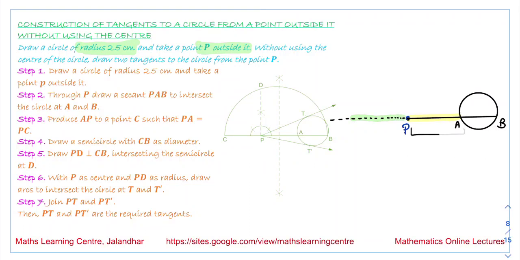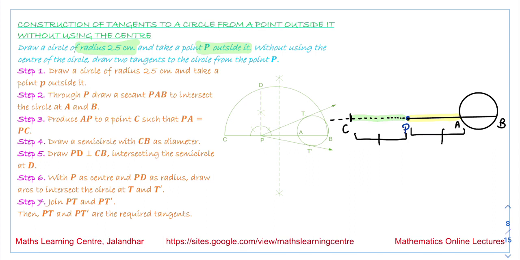Whatever this length PA is, we have to mark the point C over here such that PA and PB, these two lengths, are equal to each other.